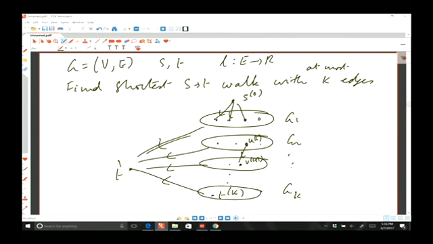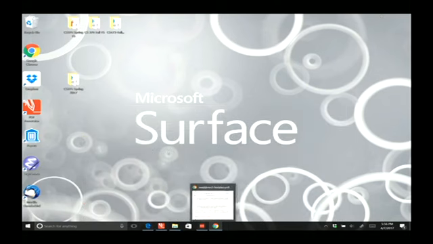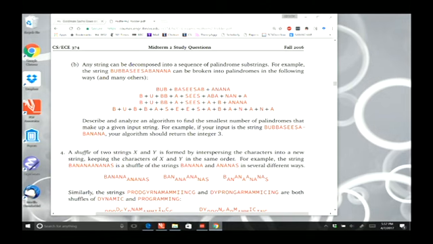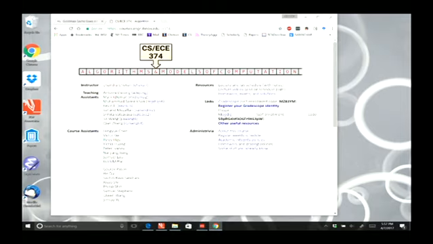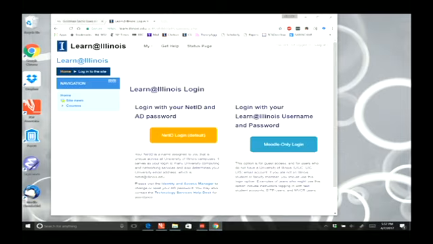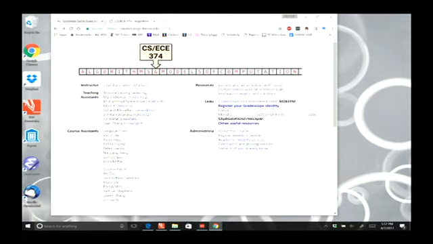Second question in fall 2016. What is that second question? I don't know if I have it. Let's see if I'm logged into this.